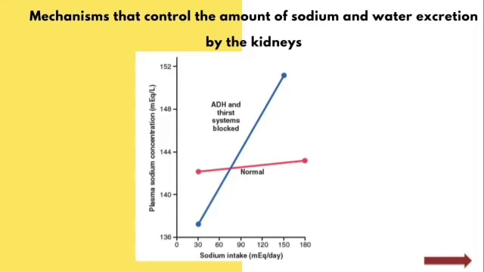It shows that an increased sodium intake resulted in a large change in plasma sodium concentration. This happens because no other feedback mechanism is capable of adequately regulating plasma sodium concentration.